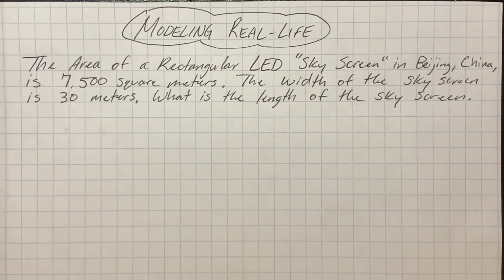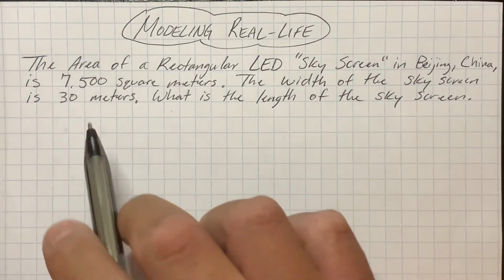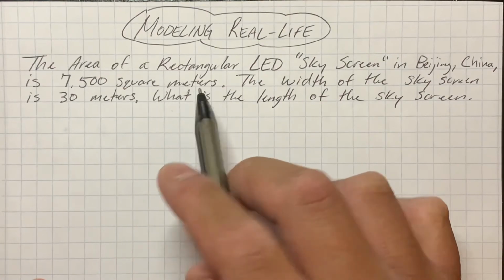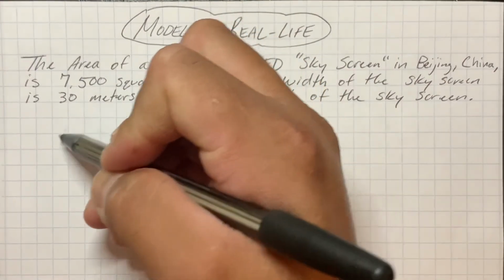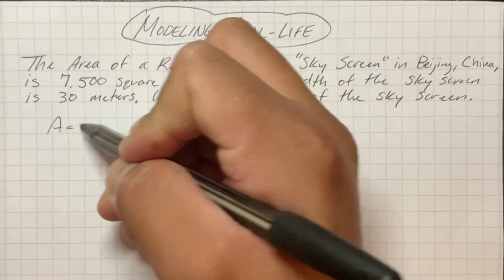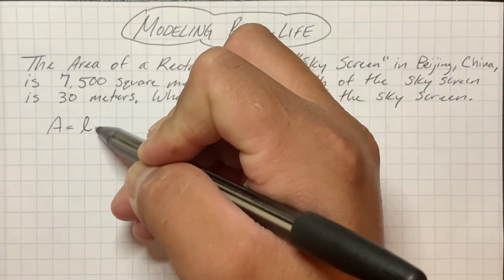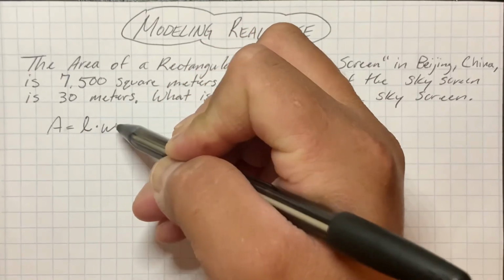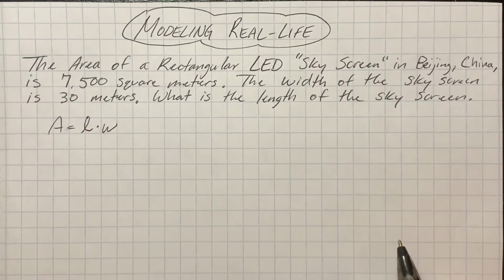So in order to do this problem, first of all, let's understand that there's some geometry here. We're working with the area of a rectangle, and the formula for the area of a rectangle is the area equals how long it is times how wide the structure is. Okay, so that's how we find the area of the rectangle.